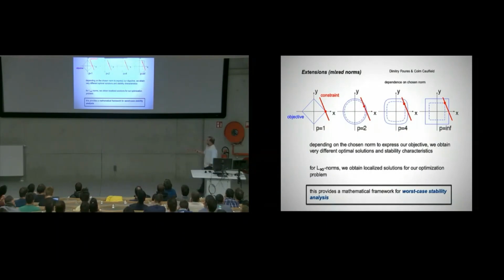But based on how we measure the objective, which is the closeness to the origin, that depends on how we measure closeness. Okay? And if you do a P1 norm, then this is the solution that is optimal. If you do a 2 norm, this is the solution that is optimal. And you see that if you do an infinity norm, this solution is optimal. So you have a solution, but it slides up and down your admissible space. Okay?